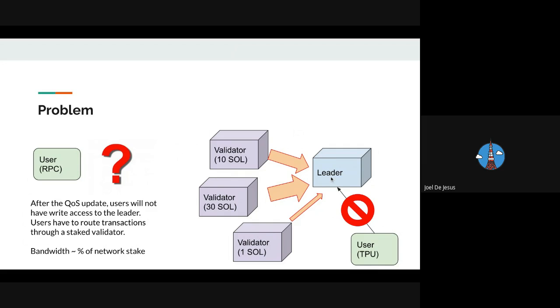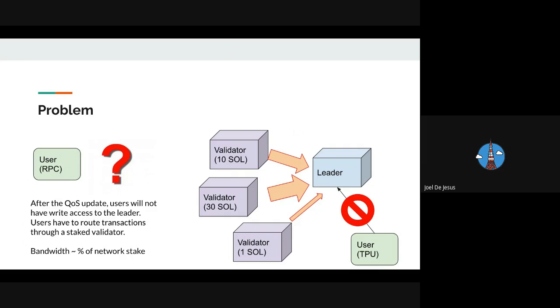So in a proof of stake system, you have a bunch of nodes. In Solana, they're called validators. So, vocabulary warning: validator and network node are the same thing. Heretofore, I'll call the nodes validators. For every slot, there's a leader.